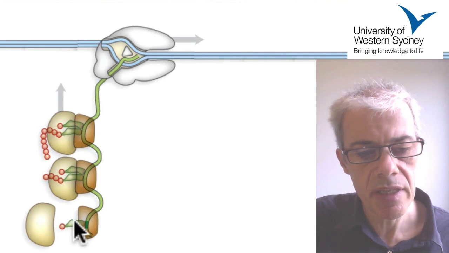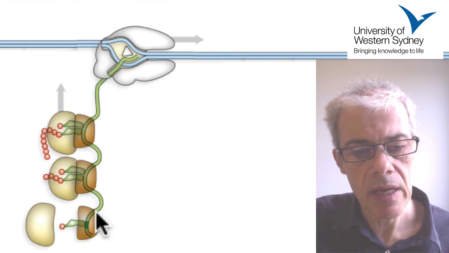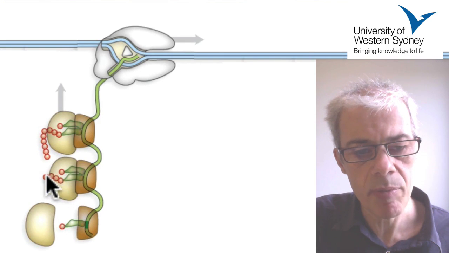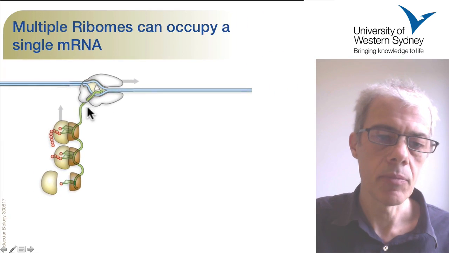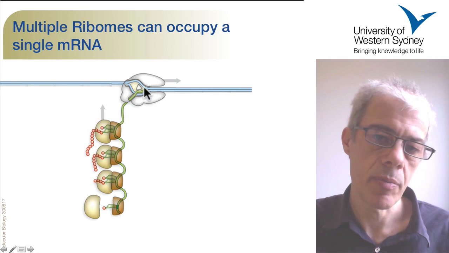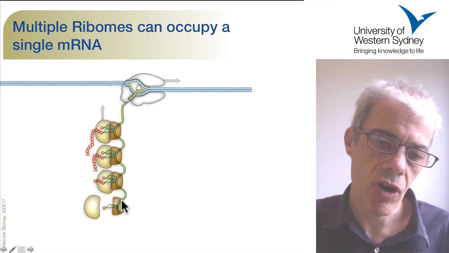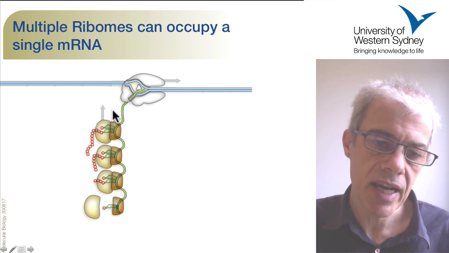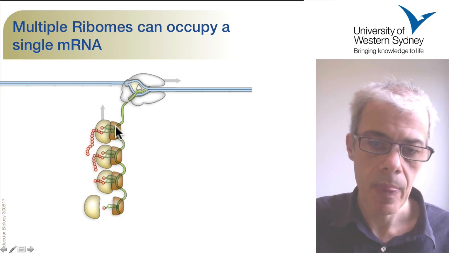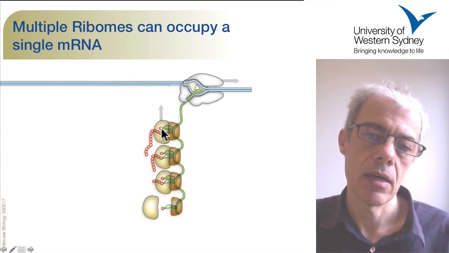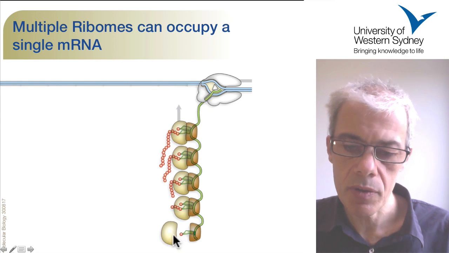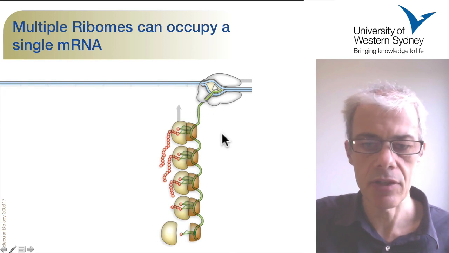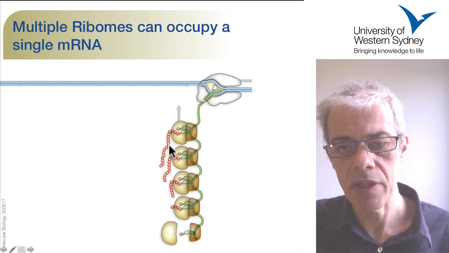So here we see the assembly of the ribosome, and then these little dots here represent the amino acids being strung together. And as the polymerase moves along transcribing the DNA, the messenger RNA grows and more ribosomes attach to the messenger RNA, and likewise these processes are coupled so that as the messenger RNA grows, more ribosomes attach and produce the protein.